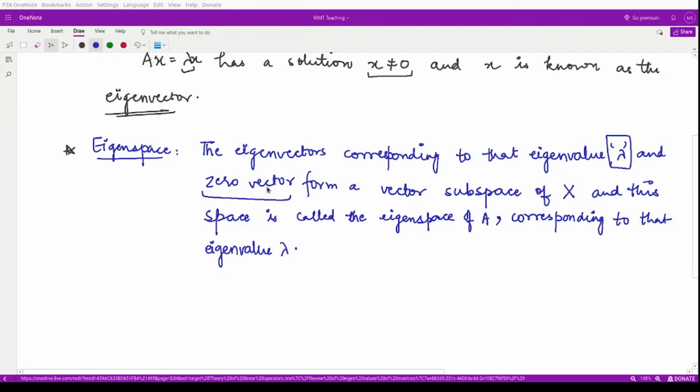So after this eigenspace, next we have the definition for spectrum. So what is a spectrum? Spectrum is a set.